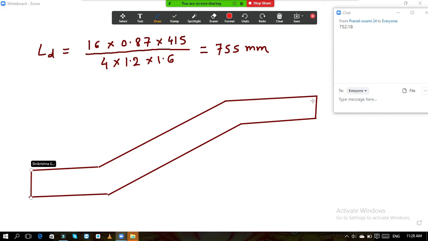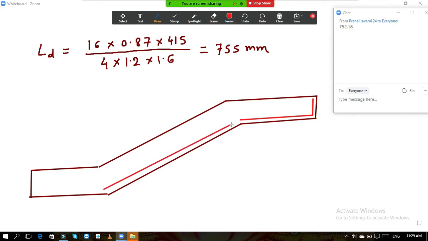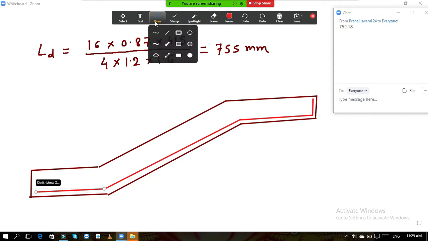This is our main reinforcement, that is 16 mm diameter bar, which is 125 mm center to center. So this is our main bar.